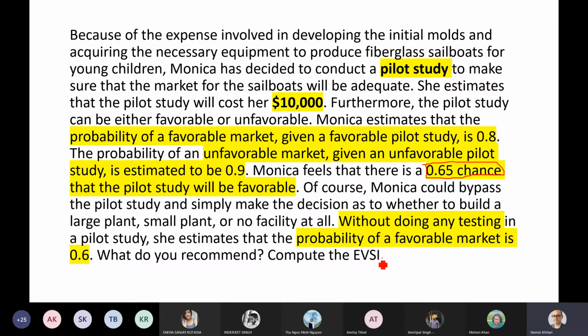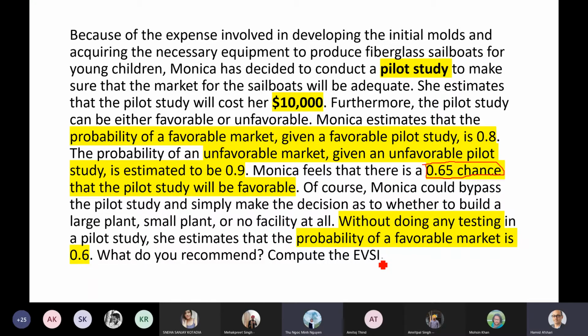Okay, so let's answer this question. What are the steps that we should follow again? The first step is to define the problem. What is the problem here that we should solve? What is the decision that we should make?